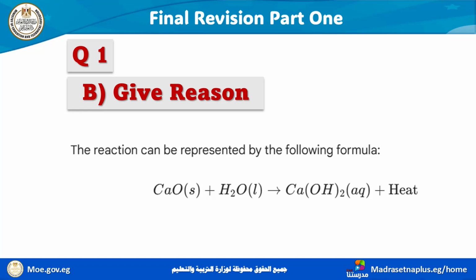The chemical equation for this reaction is as follows: calcium oxide, which is the quicklime, plus water gives calcium hydroxide plus heat energy.